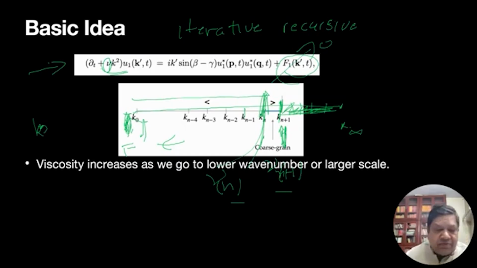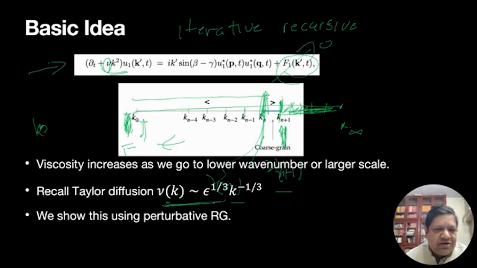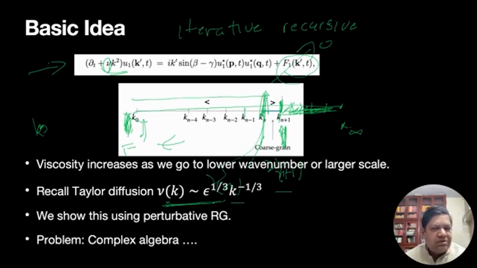Now, as I said, in fact, we'll try out this function, which is consistent with Kolmogorov theory. And we'll show this using perturbative RG. So we want to look at the relationship between nu n and nu n plus 1.